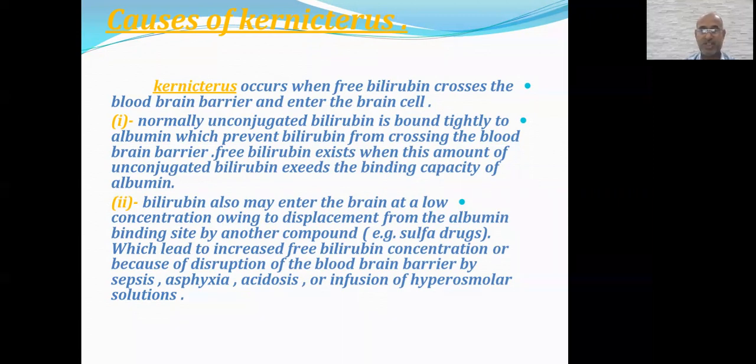Of course, many conditions interfere with the attachment of bilirubin to the albumin site, like asphyxia, acidosis, or hyperosmolar solution. So keep in mind, these conditions may cause kernicterus at a low level of bilirubin.